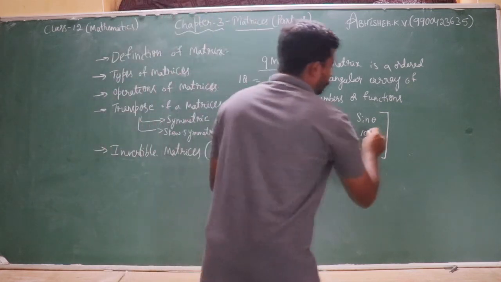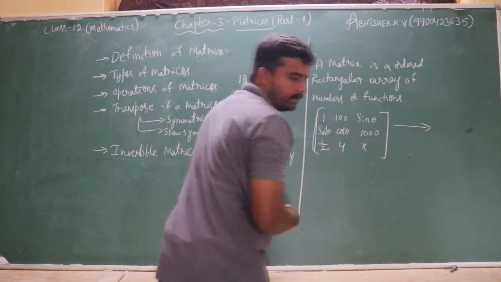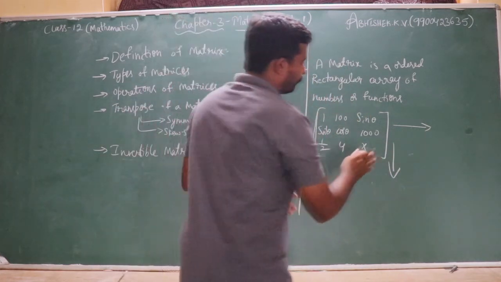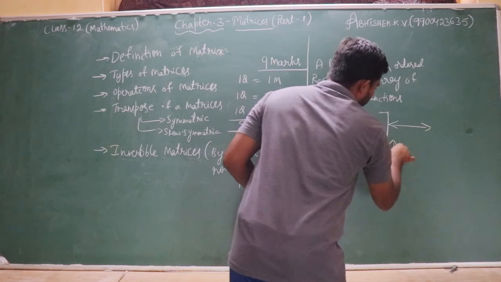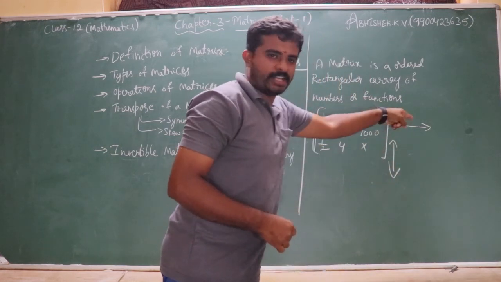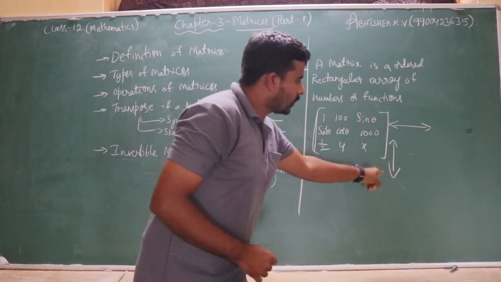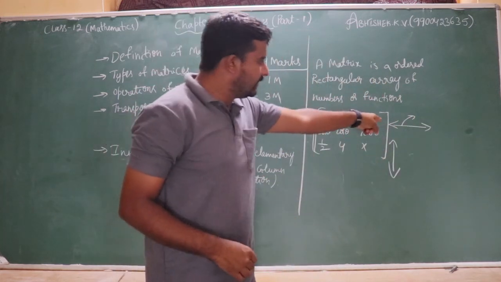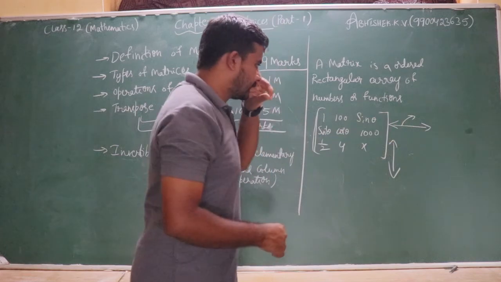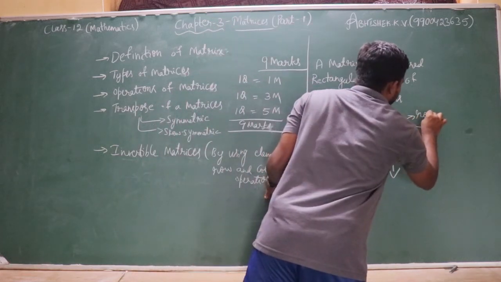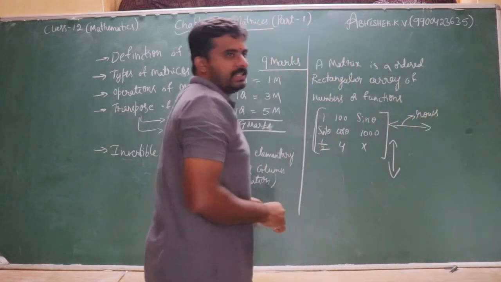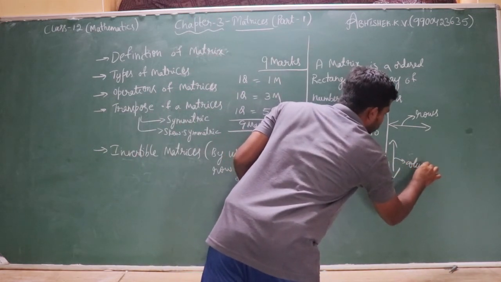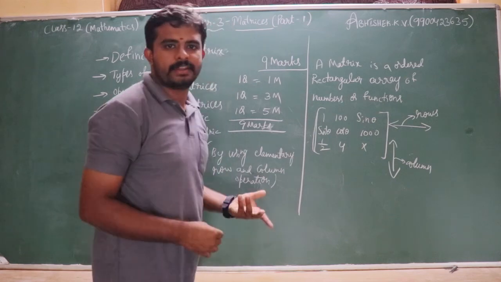As you all know, this is horizontal and this is vertical, right? See, this line is called a horizontal line and this line is called a vertical line. In matrices, these horizontal lines are called rows and these vertical lines are called columns.